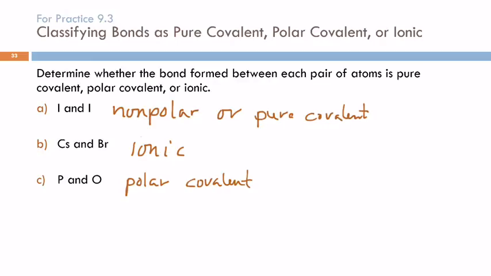An exception would be carbon and hydrogen. That's one I would recommend you remember because in organic chemistry it comes up a lot. At this point I wouldn't expect you to know that, but this one is nonpolar. If I give you the table of electronegativity values, then you should know that carbon and hydrogen is a nonpolar bond. Any other questions?